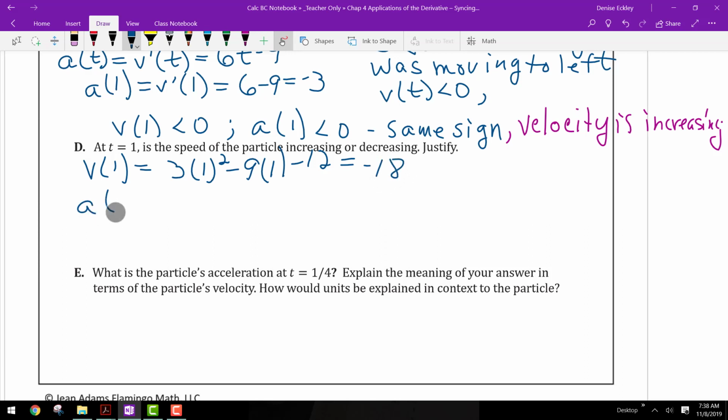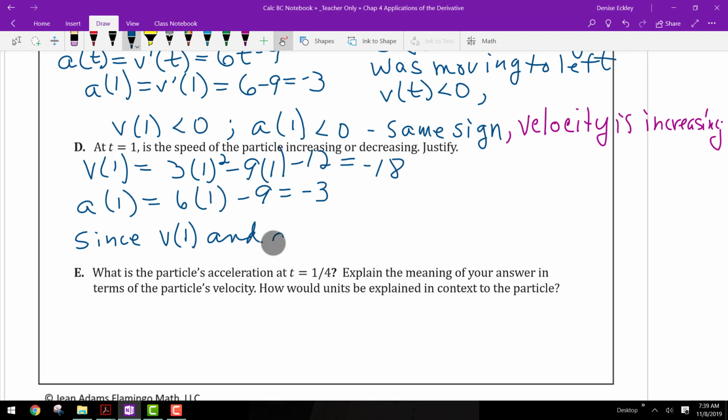And a of 1 is 6 minus 9, which we already did, which is -3. Since they have the same sign, the speed is increasing.